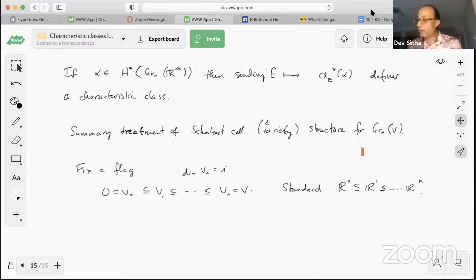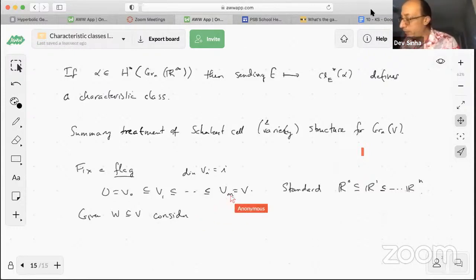And then given some subspace W, and I think what I want to do is, this is an R^m. Maybe I'll even make this m-dimensional.